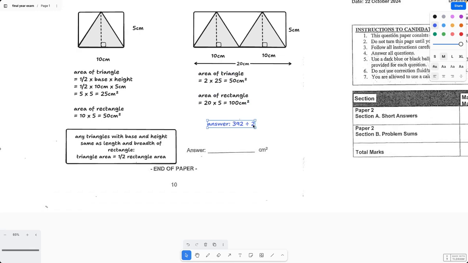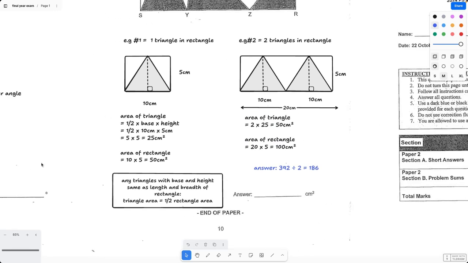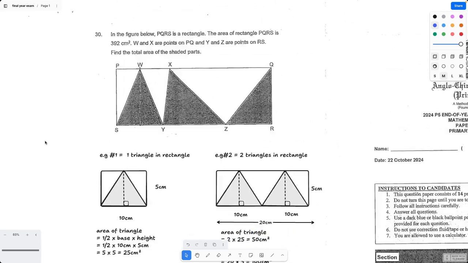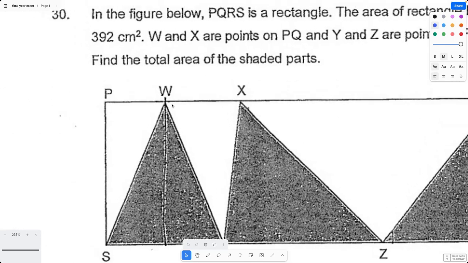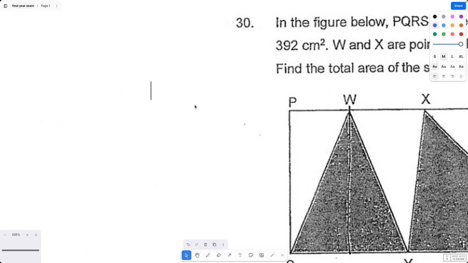Let me zoom in. I'll do the workings very quickly: 392 divided by 2.